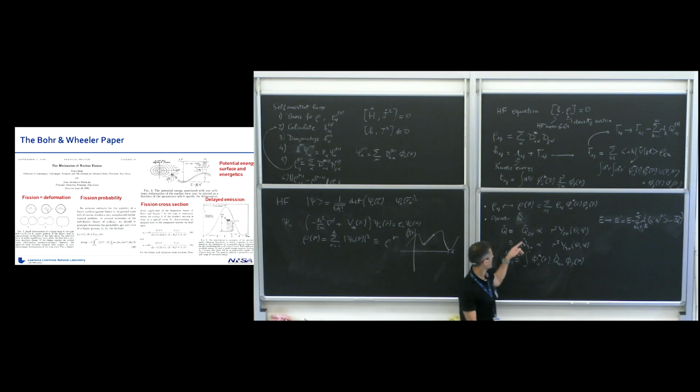If we have more than one deformation, or one constraint, it's going to be a surface. And then we can fix the value of the expectation value of those constraints, calculate the energy at those points, and then make a plot of how the energy looks as a function of this deformation. So this is the analog of setting the deformation by hand in the macroscopic method.